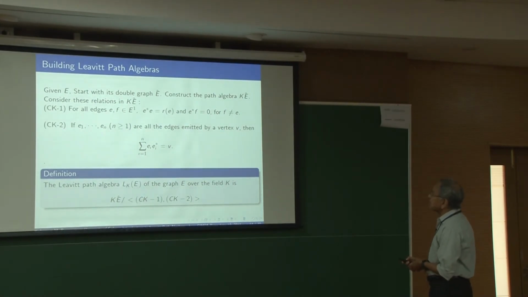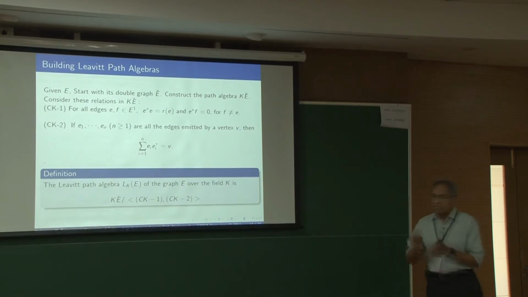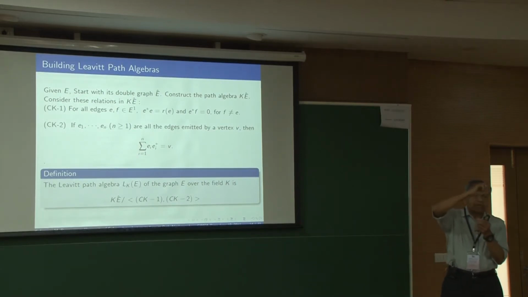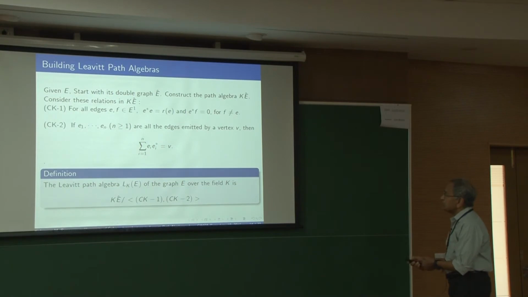Given any two edges E and F, E star of E is the range of E, and E star of F is 0 if F is not equal to E. That's the first condition. The second one: suppose I have a vertex V that emits finitely many edges, say E1 through En. Then the vertex V itself is the sum of E1 E1 star, E2 E2 star, up to En En star. This is the second condition, CK2.